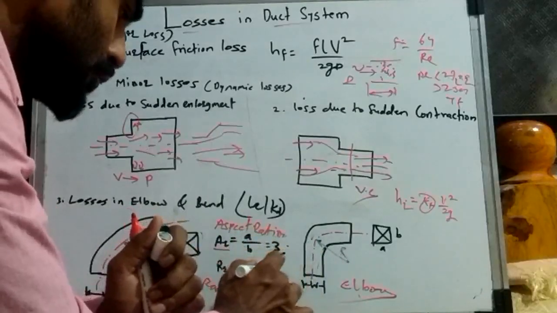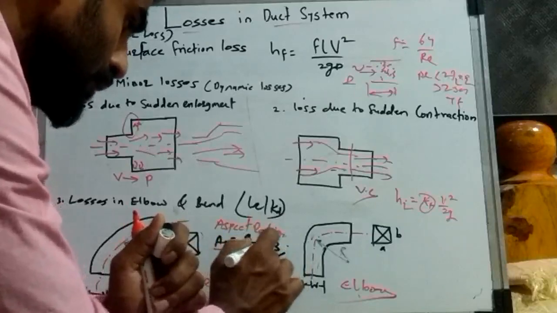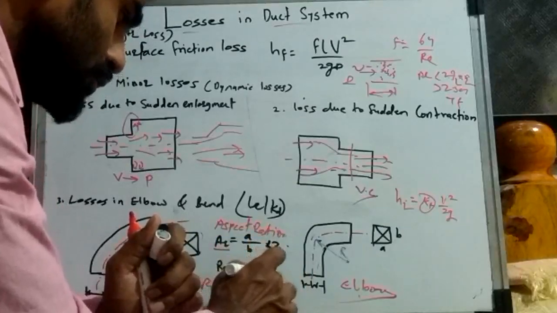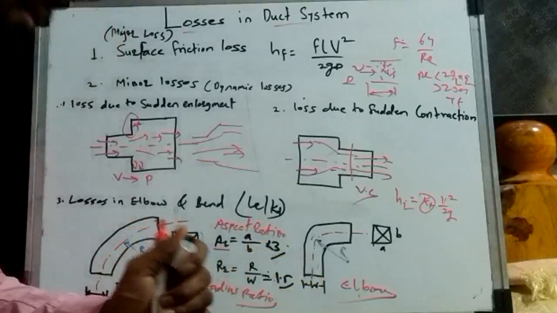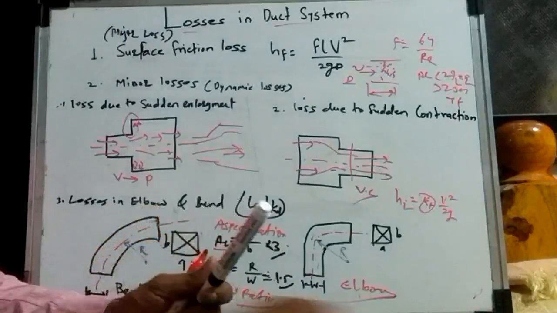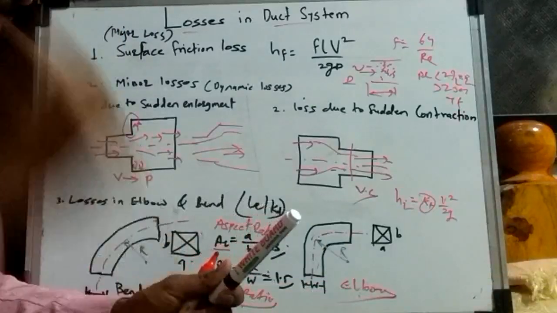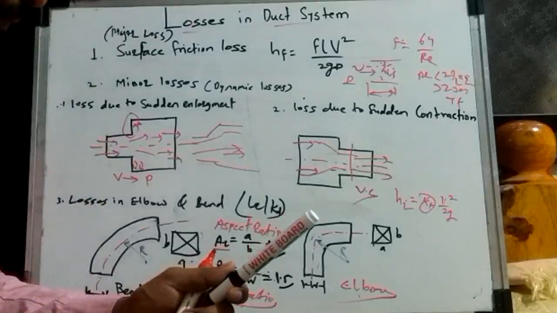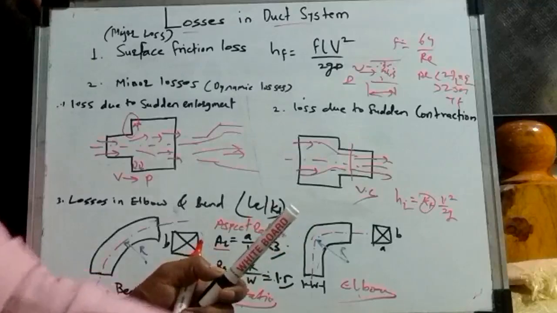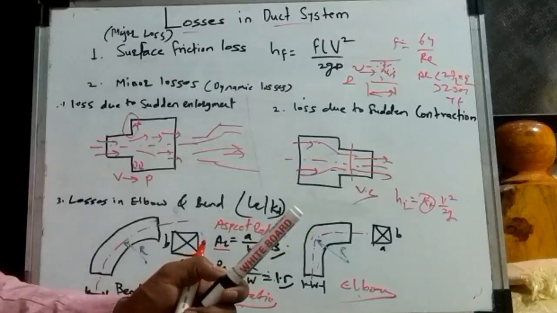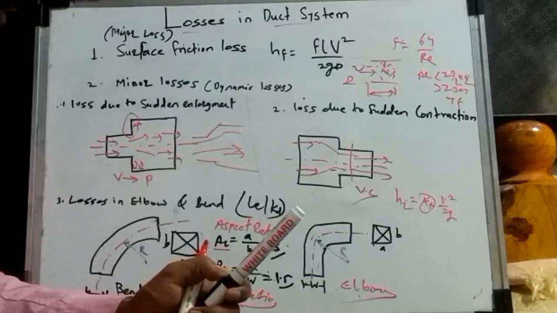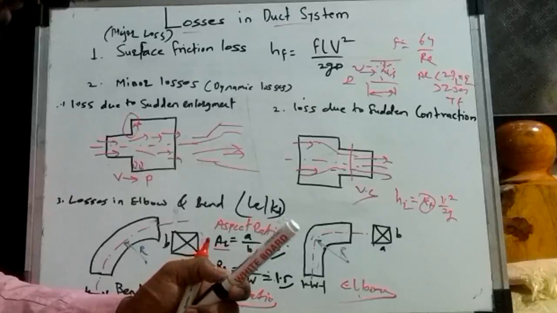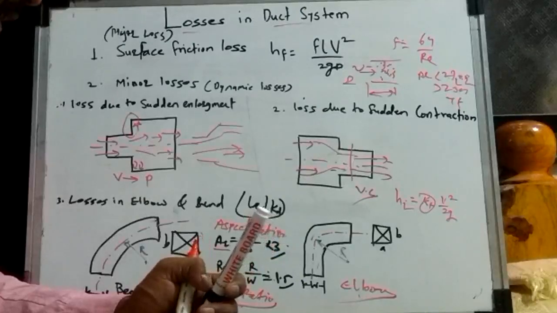An aspect ratio greater than 3 causes an increase in pressure losses, so that is not a desirable case. It should be less than 3.